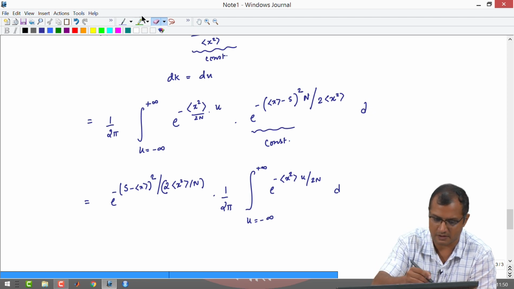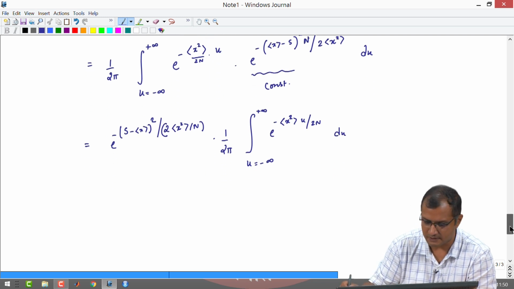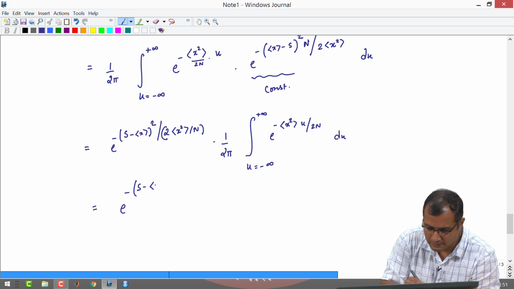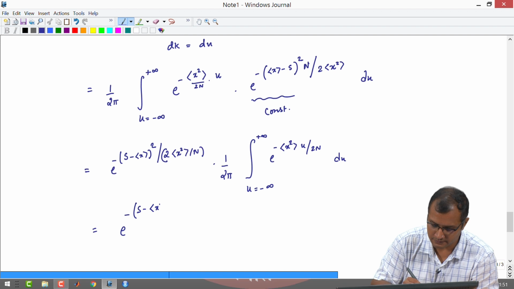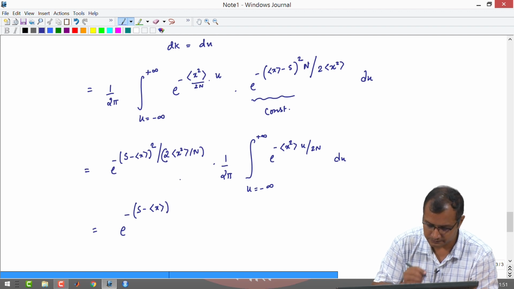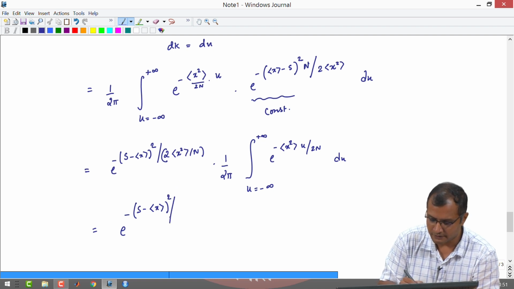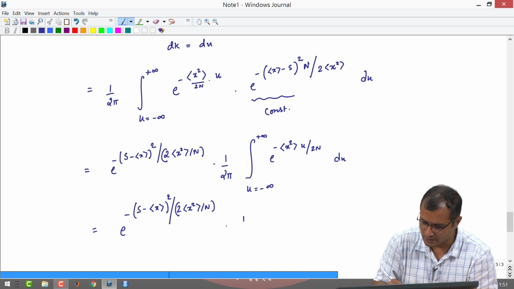We have converted the k integral into u, and you know the Gaussian integral, which is square root of pi by a. So you write this as e raised to minus s minus mod of x the whole square divided by 2 times, into 1 upon 2 pi into square root of pi by a.